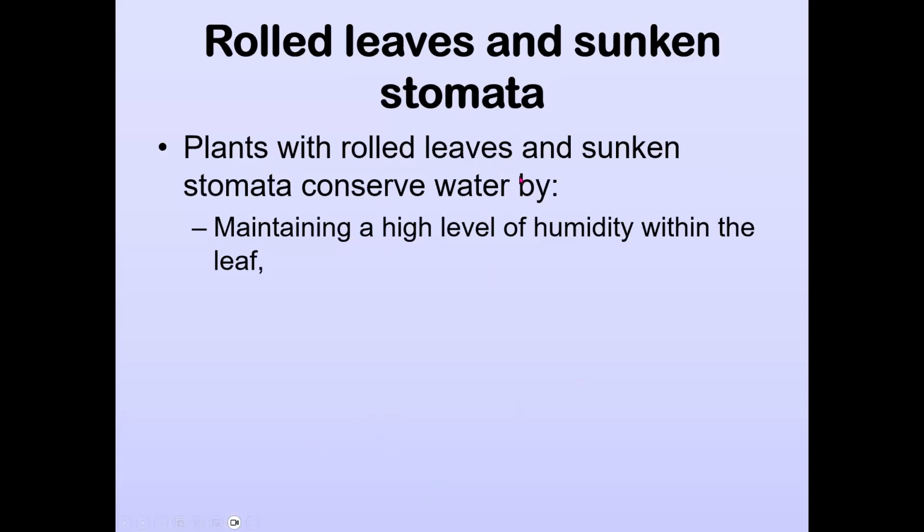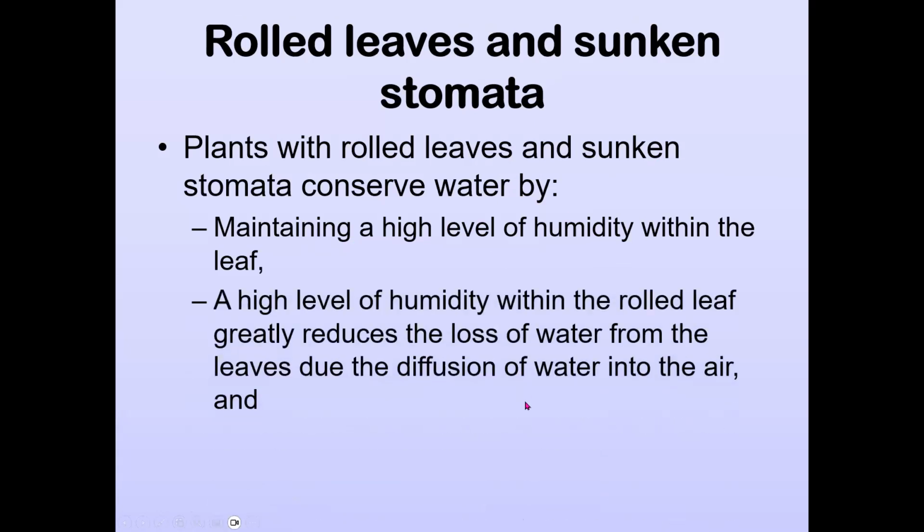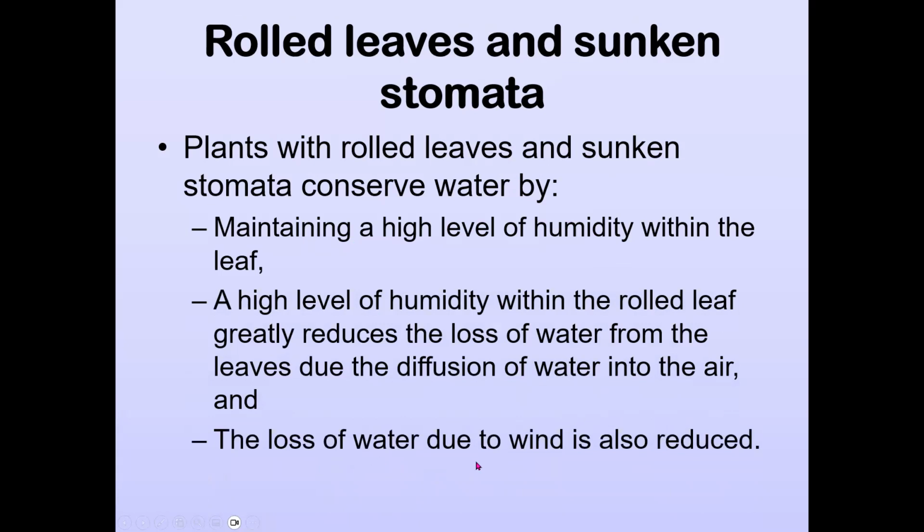So by having the rolled leaves, the sunken stomata, and the hairy system inside, they conserve water by having a high humidity in the leaf. And the high humidity reduces the loss of water because the diffusion of water into the air is much, much reduced. Also, the loss of water due to wind is also reduced.